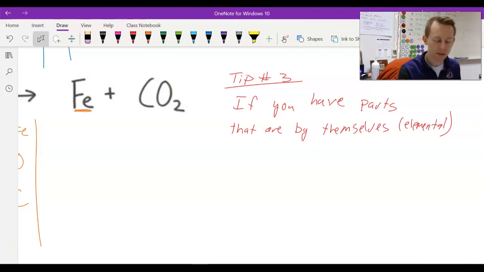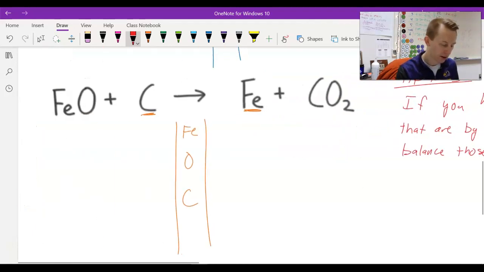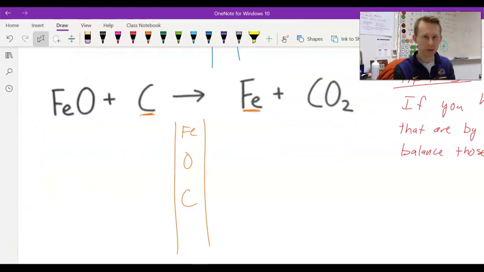You have parts of them by themselves or elemental. Now I'm not going to say that this always works, but typically if you just save those for last and worry about the other things first, it'll make your life a little bit easier because you're not going to throw yourself back to the beginning or throw yourself off in the middle of the problem.